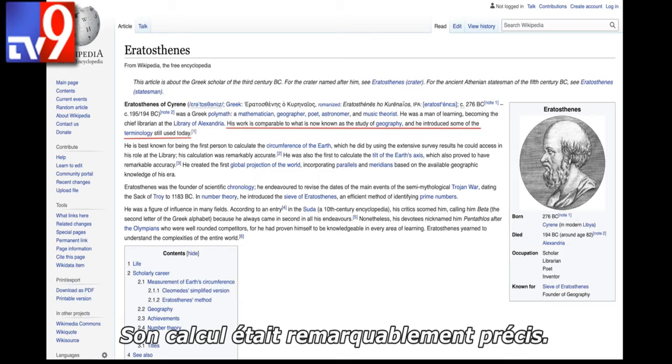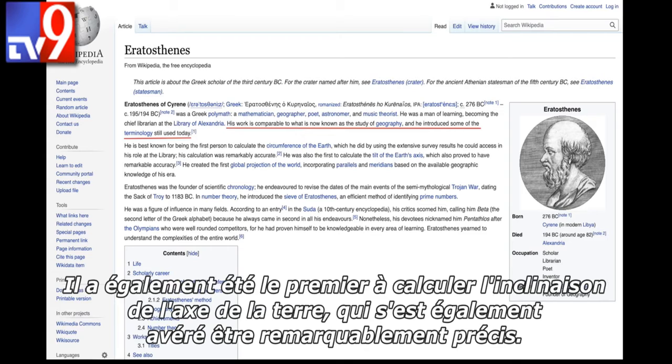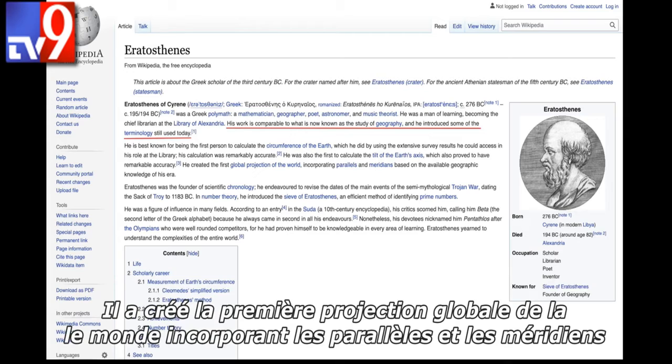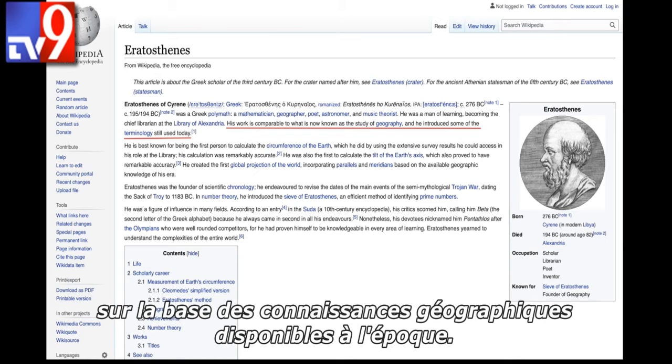His calculation was remarkably accurate. He was also the first to calculate the tilt of the Earth's axis, which also proved to have remarkable accuracy. He created the first global projection of the world, incorporating parallels and meridians based on the available geographic knowledge of his era.